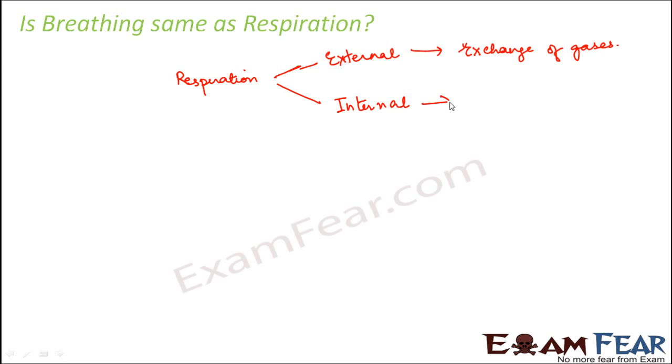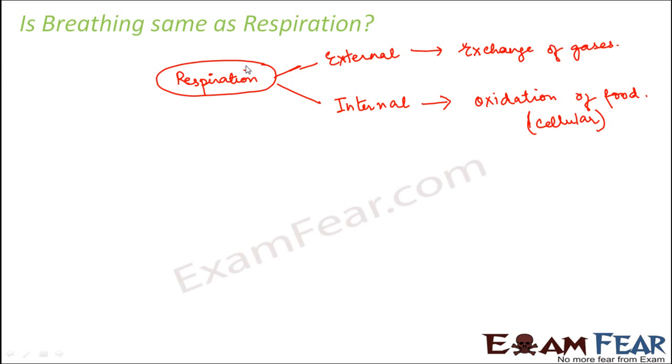When you talk about internal respiration, we are talking about the process of oxidation of food, or oxidation of glucose, which takes place at a cellular level. That means it takes place inside the cells, and that is why it is also known as cellular respiration. The term respiration as such refers to both external as well as internal respiration.